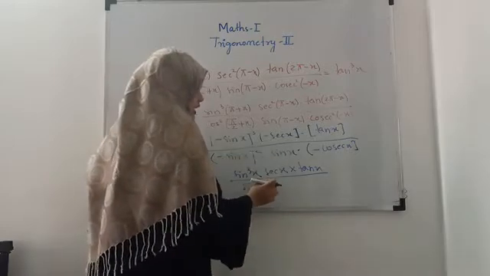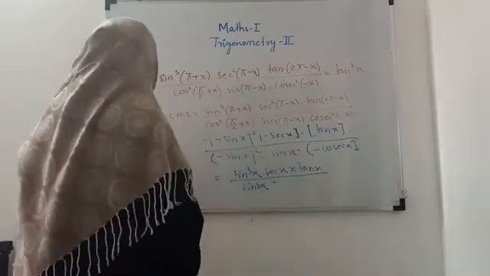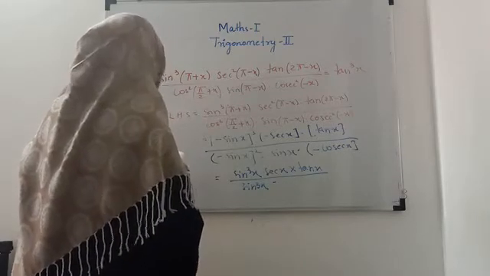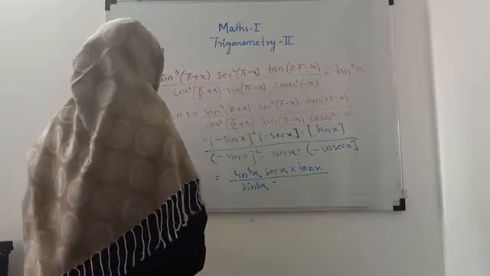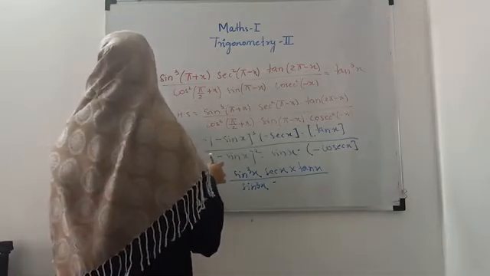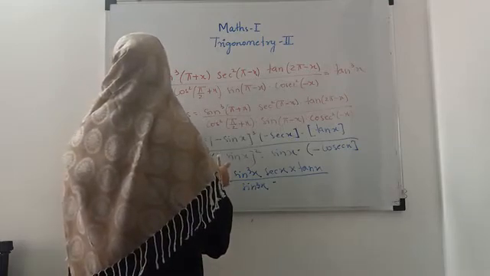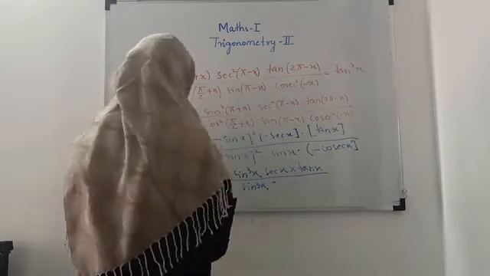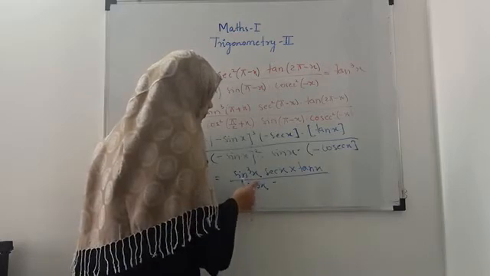This sine and this sine, and here we have minus, one minus is left. Here also we have minus sign, right? So it should be plus. Okay, we'll see. So here it is sine x square.